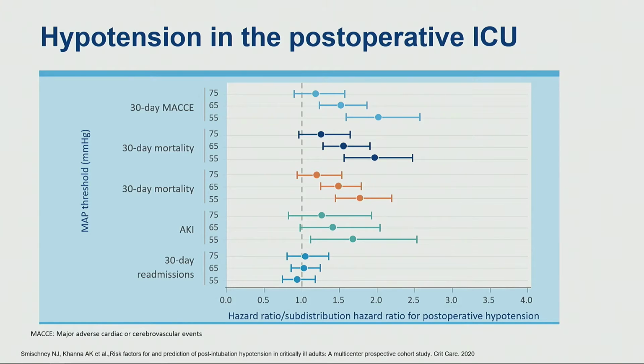This is a retrospective database where we looked at different blood pressure thresholds, with organ system failure and mortality as outcomes. And it's no surprise we found an association: where the MAP dropped to about 65 or lower, organ system failure and mortality increased. There are about 50 publications like that out there, especially in the last 10 years or so. We know that critically ill patients are frequently hypotensive.